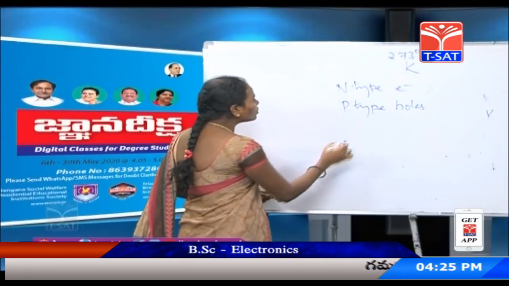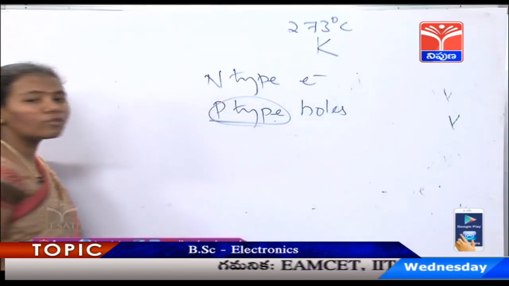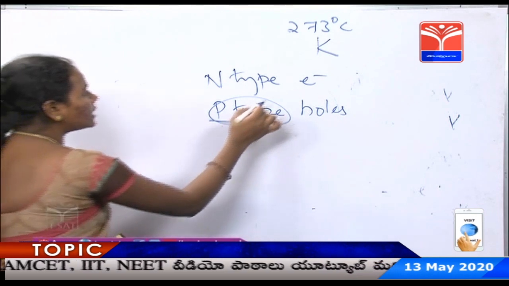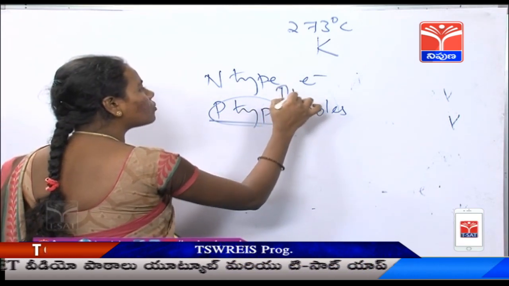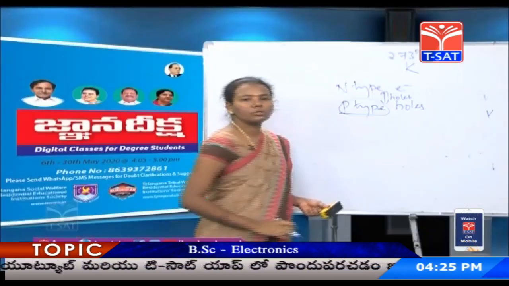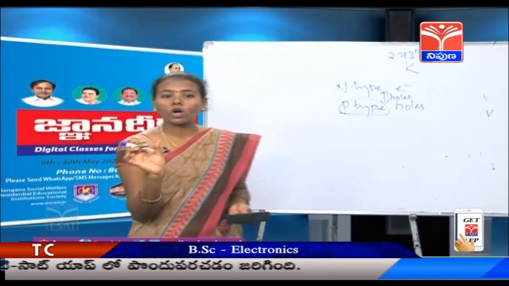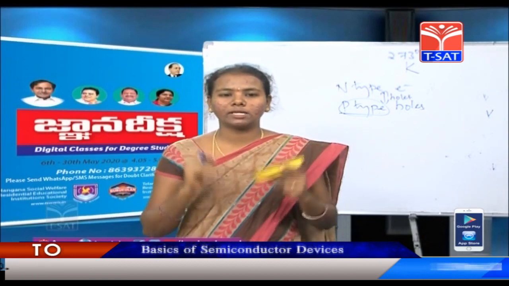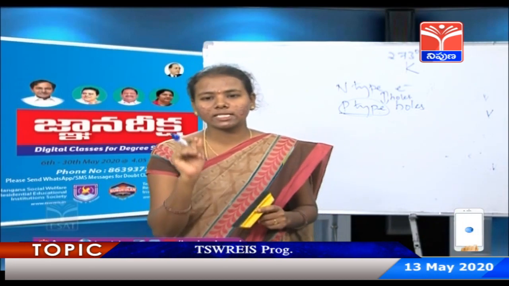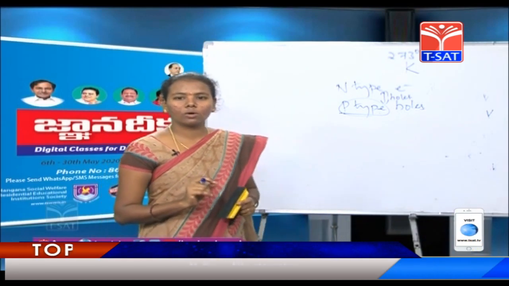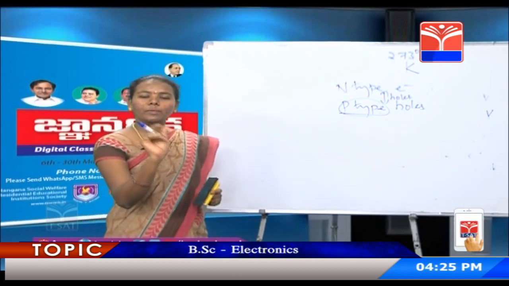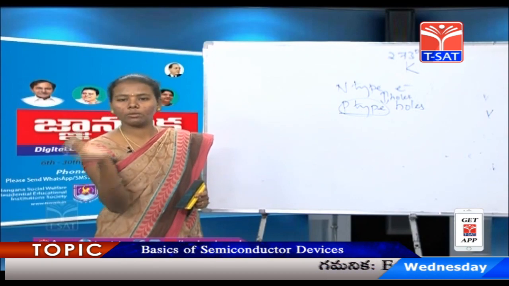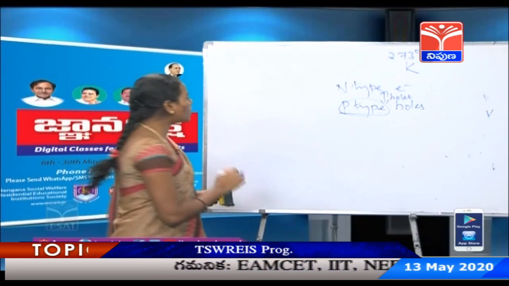In p-type the number of holes is more, whereas in n-type you have fewer holes. So there will be a concentration gradient when you join these p-type and n-type materials. Because of this concentration gradient, the holes from p-type will move to n-type and the electrons from n-type will move to p-type. So what happens?